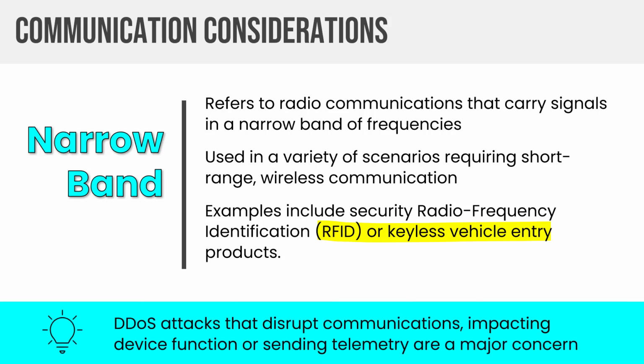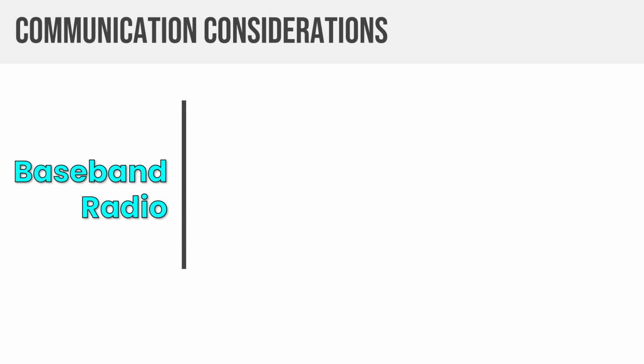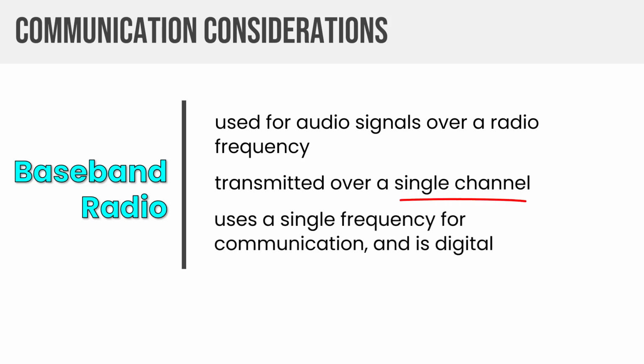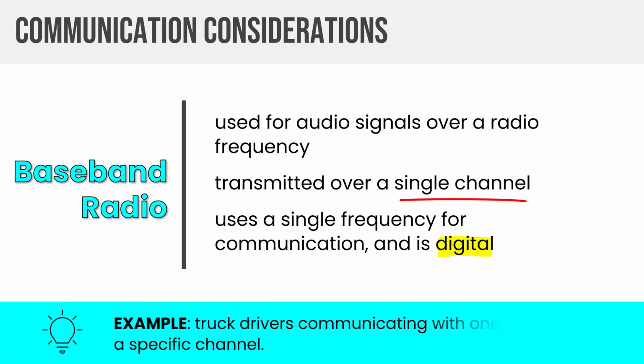Now, DDoS attacks that disrupt communications impacting device function or sending telemetry are going to be a major concern where narrowband is involved. Baseband radio. This is used for audio signals over a radio frequency. It's transmitted over a single channel, and it uses that single frequency for communication, and it is digital. An example would be truck drivers communicating with one another over a specific channel. That's conceptually what we're talking about there.